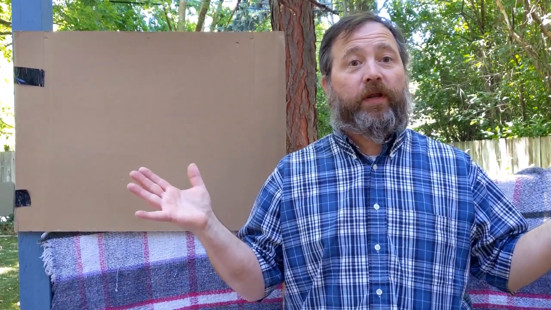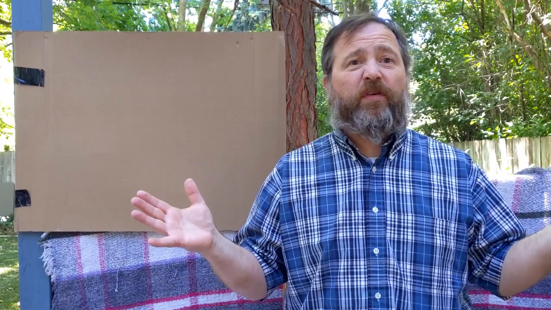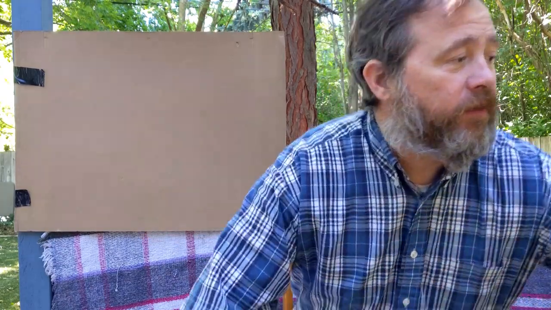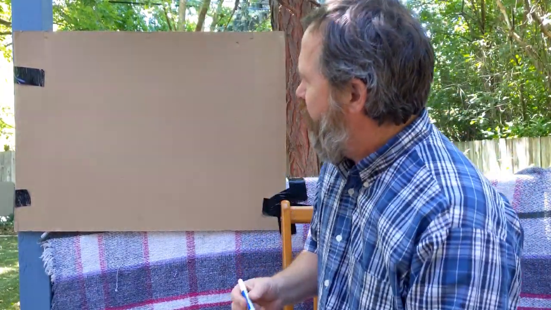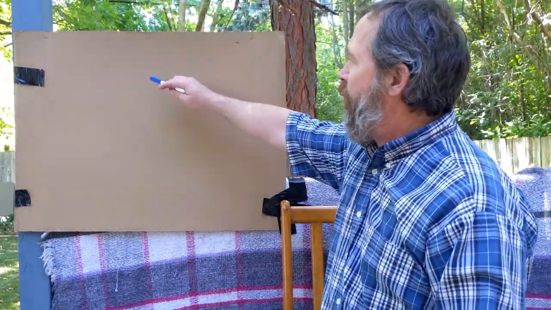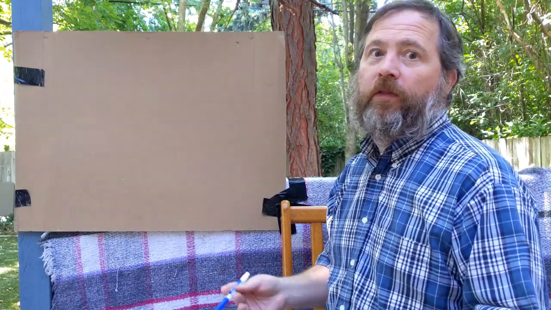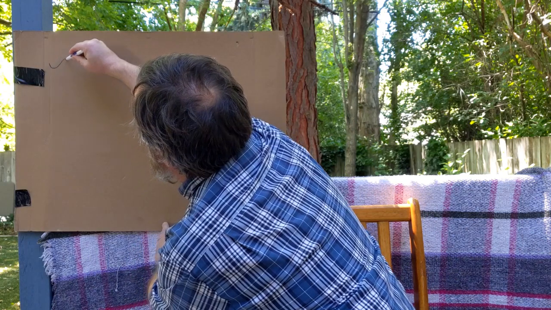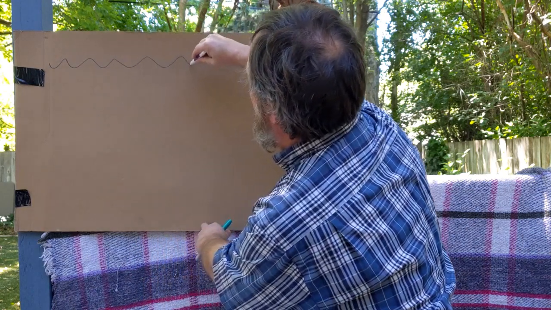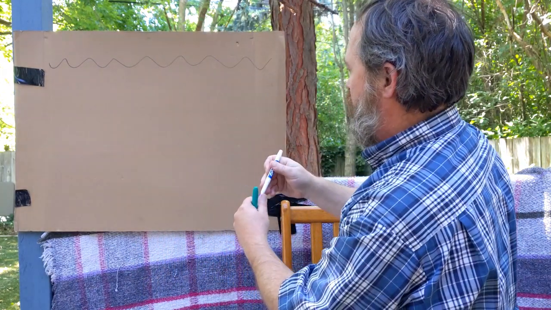Okay, so we're going to do the story of Swallow the Leader. Except, as I say, we're not going to do the book, but we're going to kind of retell the story. So, we're going to imagine my big piece of cardboard here. That's the water. That's the ocean. So, we'll draw some waves. Maybe that's the top of the ocean.